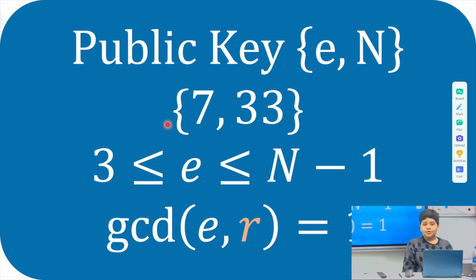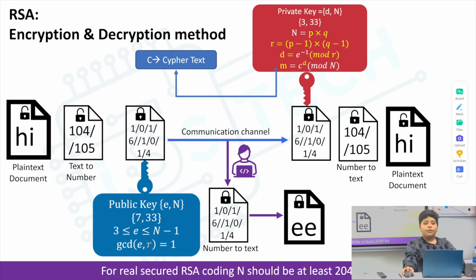It's a number you need to choose between 3 and n minus 1, and the GCD, or greatest common divisor, of e and r has to equal 1. Otherwise, it doesn't work. So the GCD of e and r has to equal 1. Now we know what e is.